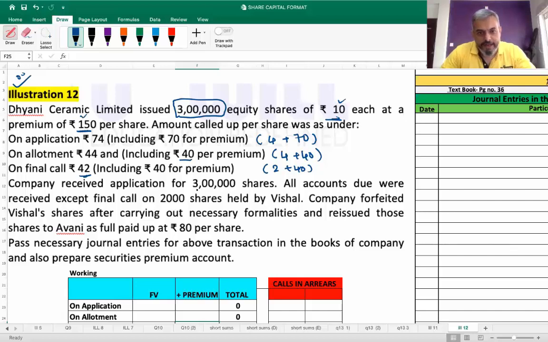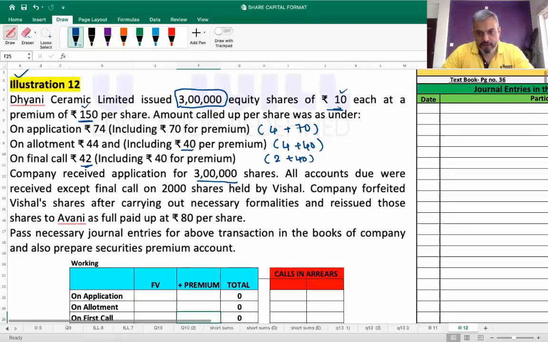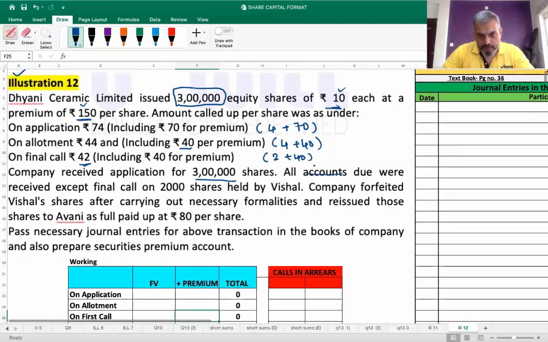Now company received application for 3 lakh shares only. So not to worry, no refund. All amounts due were received except final call on 2000 shares held by Vishal.